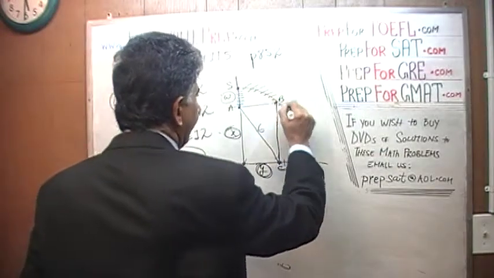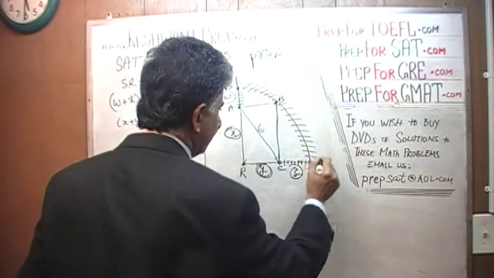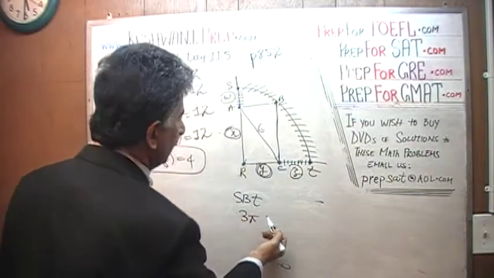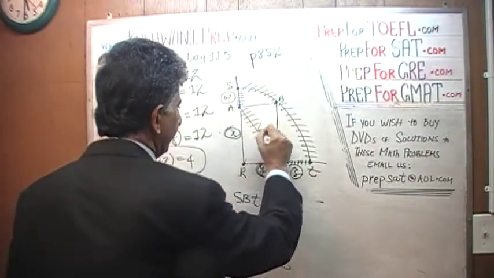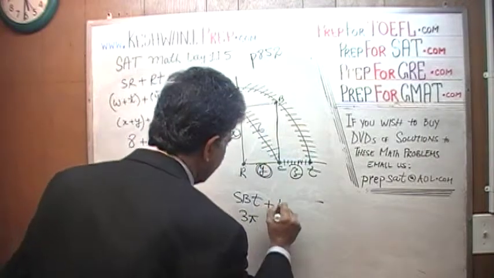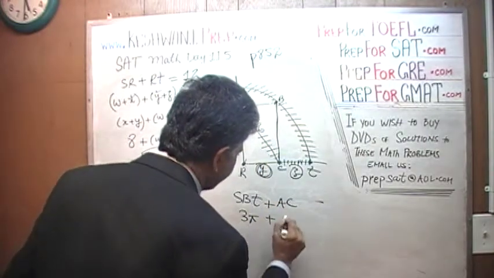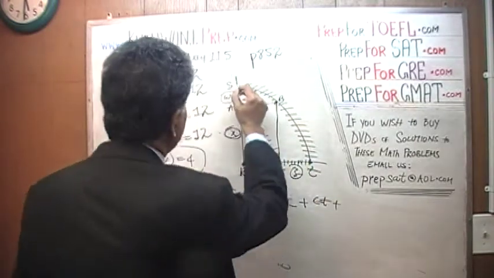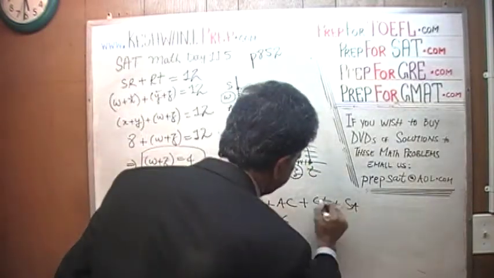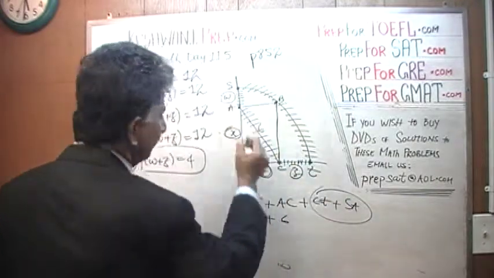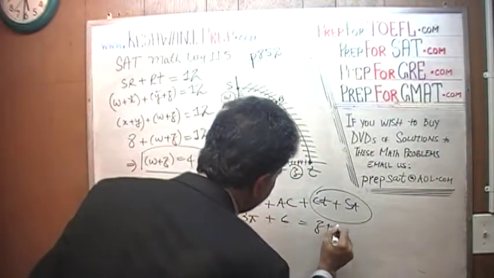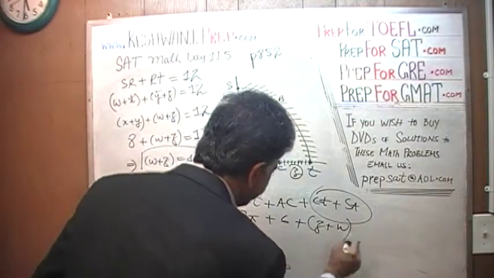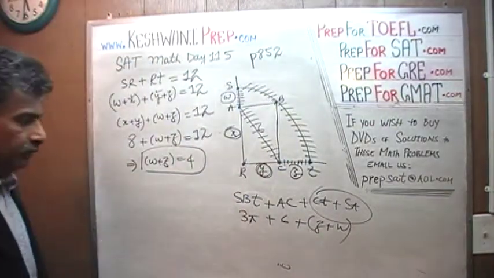SBT, this arc here, SBT we know is 3 pi. We know this distance here, A to C, we know is 6, plus C to T and S to A. C to T and S to A is the Z plus the W, which we just found out is 4.